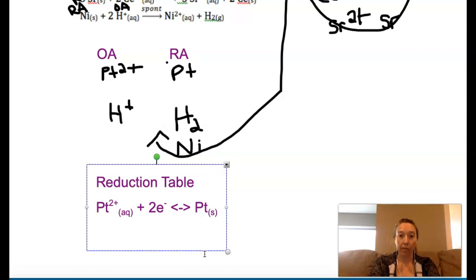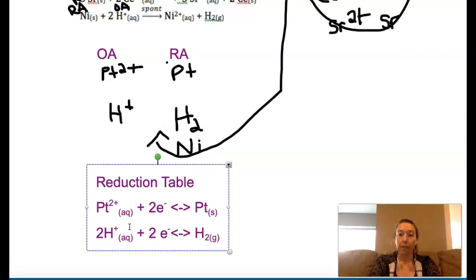Now my next one is going to be H+ and H2. Because this has a 2 and this doesn't, we're going to have to write it as 2H+. We're going to have to add 2 electrons because we have those 2 positives from this. And then this is going to turn into that H2 gas.